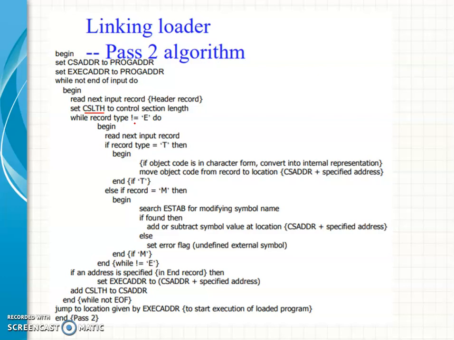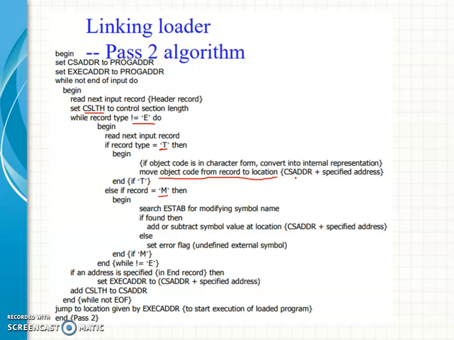And if the record type is not equal to E, it reads the input record and checks the text record. For the pass 2 algorithm, it checks the text record and the modification record. If the object code from the text record is in character form, it converts it into the internal representation, and the object code will be moved to a location.